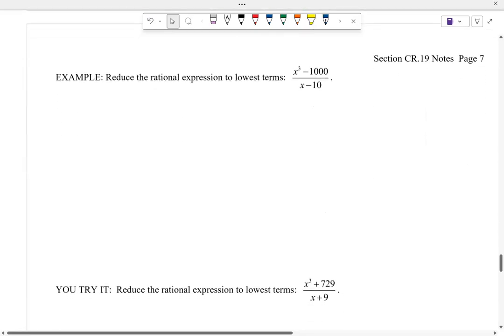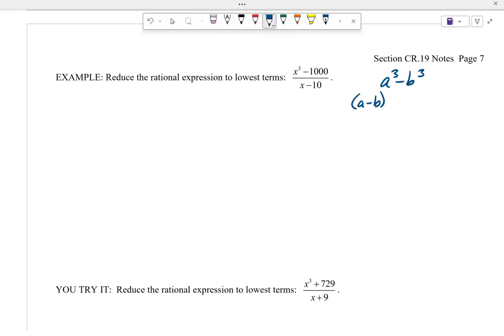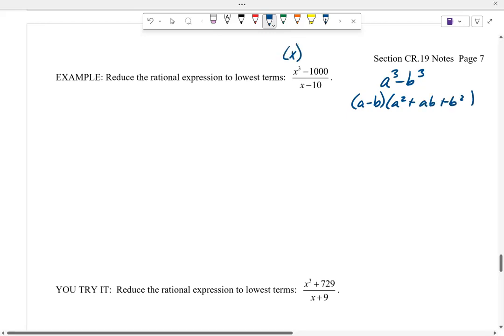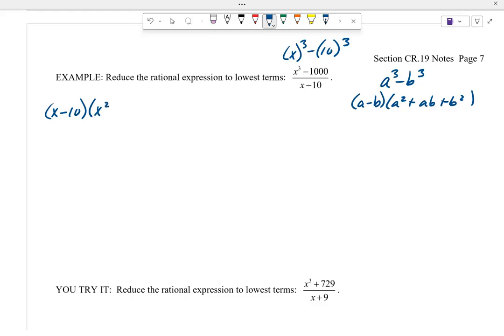This is hoping that you'll recognize the difference of cubes. You remember how a cubed minus b cubed factors into a minus b times a squared plus ab plus b squared. This is the same as x cubed minus 10 cubed, which is 1,000. So my a is x, my 10 is my b. So this factors into a minus b, a squared plus a times b plus b squared.